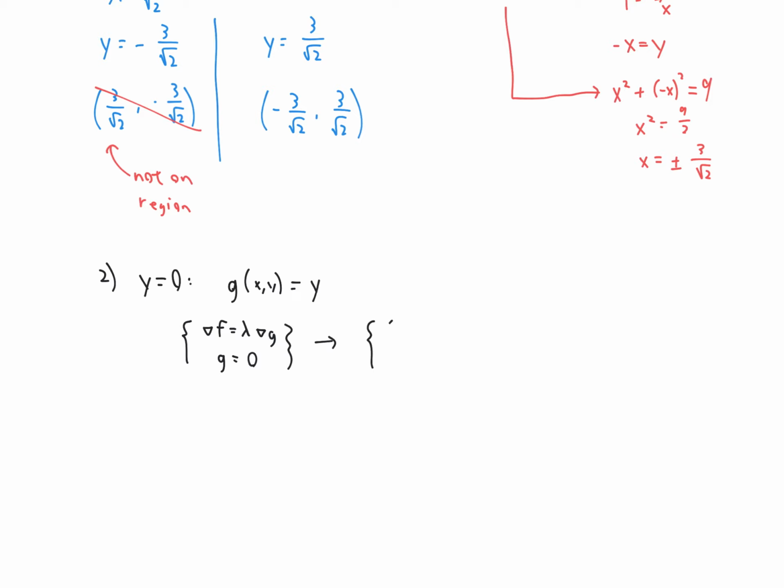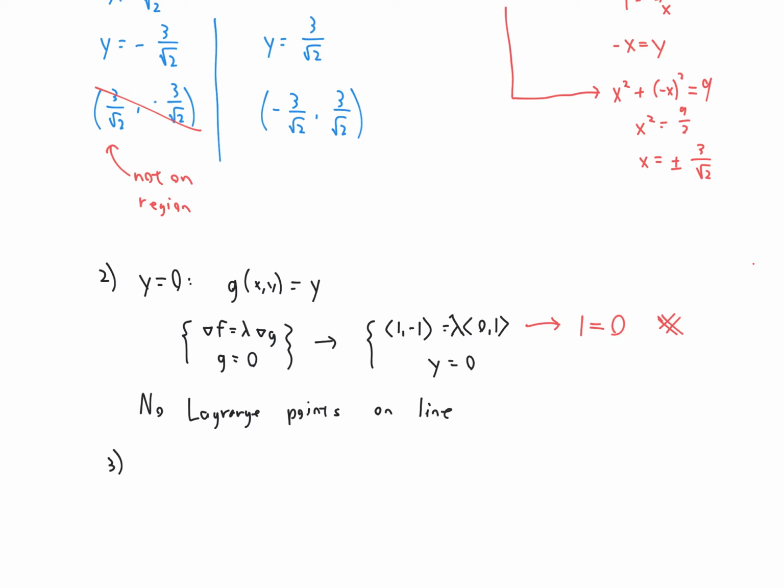Once again, the gradient of f was 1, negative 1, and the gradient of g is 0, 1. If we look at the x components of that first equation, it says that 1 equals lambda times 0, which of course isn't possible. If one of the equations can't be satisfied, there must be no solutions to the system. So there's no Lagrange points along this line.